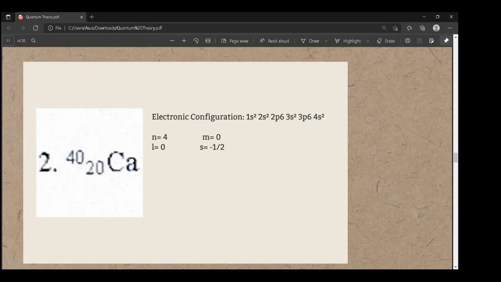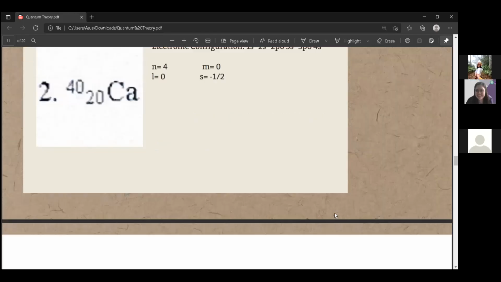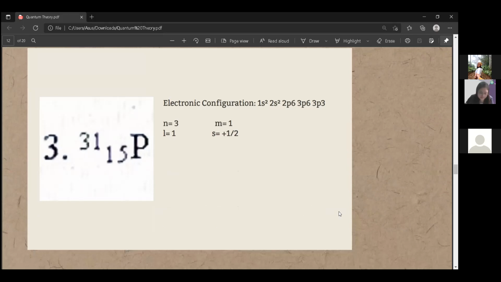And so for number 3, phosphorus is an element with atomic number 15. Atomic number represents the number of electrons and the number of protons in the neutral element. In writing the electron configuration for phosphorus, the first 2 electrons will go in the first orbital since 1s can only hold 2 electrons. The next 2 electrons go in the 2s orbital. The next 6 electrons will go in the 2p orbital.